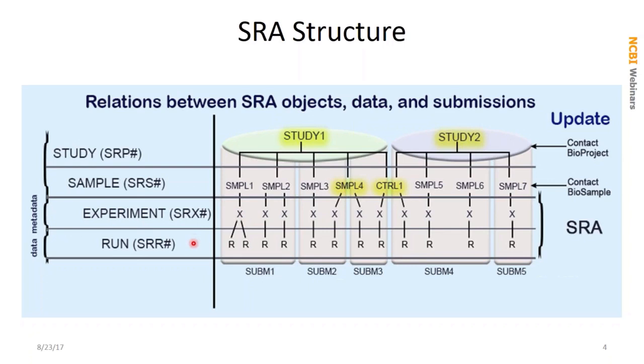The run accessions are where the actual data files for the sequence data are stored. And you can see there are, in some of these samples, one experiment linked to multiple runs, and some samples have multiple experiments and multiple runs. So there are different ways to set up SRA to fit your research project.